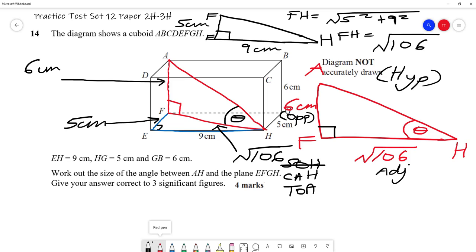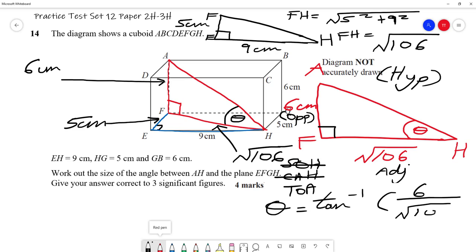So it's irrelevant. So anything with an H, we strike it out. So we need tan. So now theta will be tan inverse of the opposite side, which is 6, over the square root of 106.